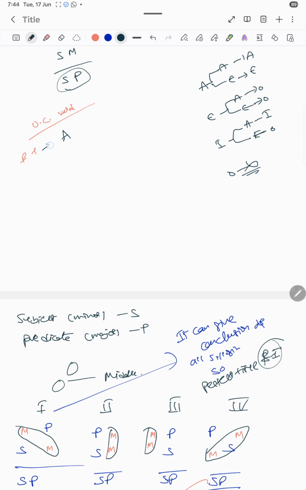Now, in figure 1, which is universal affirmations, universal conclusions, you will get: A is mapped with A, you get A. So AAA. Now A is mapped with E and you get E. So AEE is also one possible thing.